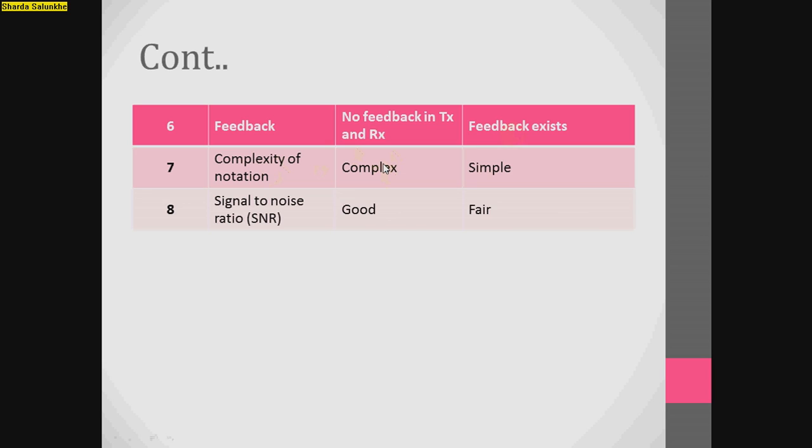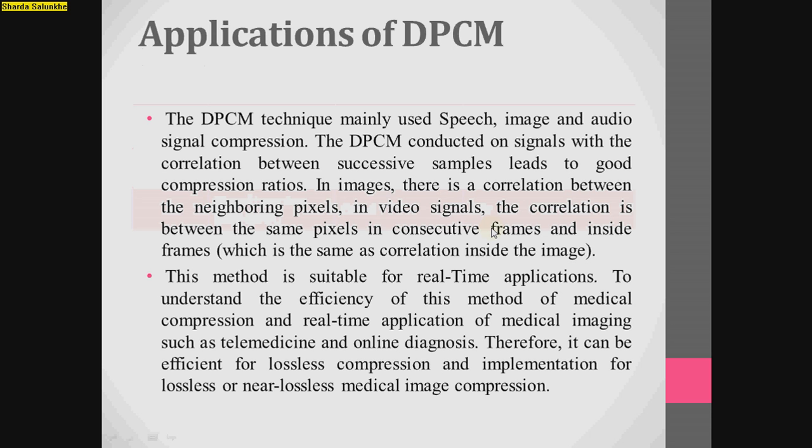Complexity: the PCM system is complex, the DPCM system is the simpler one. Signal to noise ratio is good in the case of PCM, but fair in the case of DPCM.